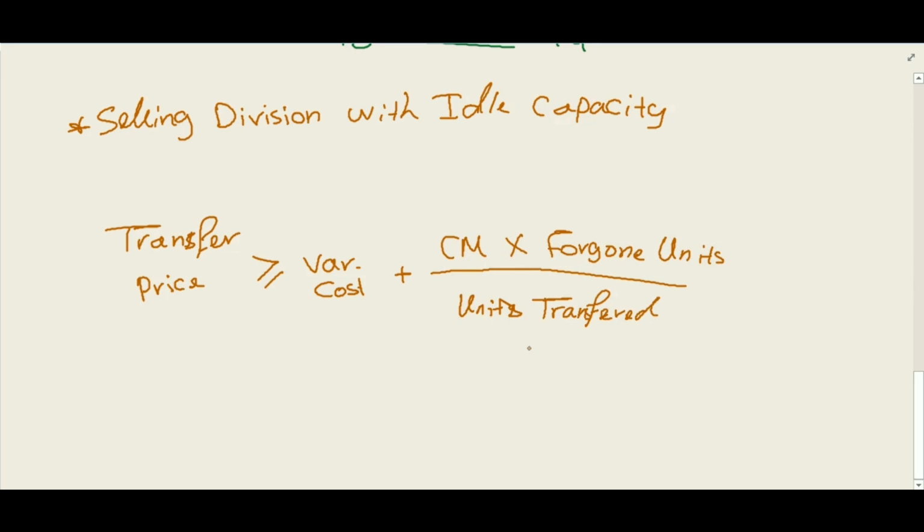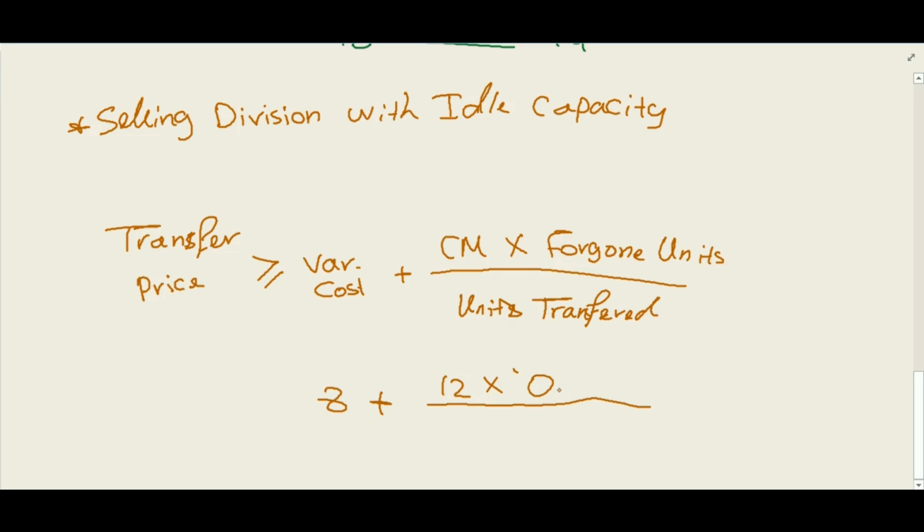Transferred to the restaurant. So variable cost is $8 plus the CM of $12 multiplied by the foregone units. Because they have idle capacity, they don't have to forgo any units sold to the outside market.